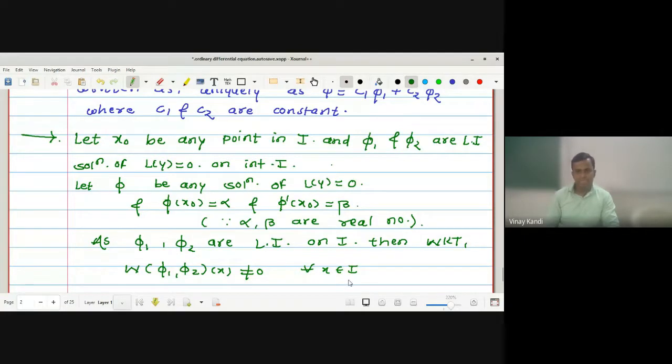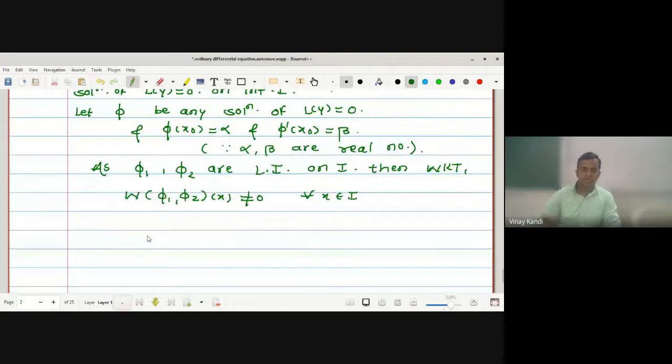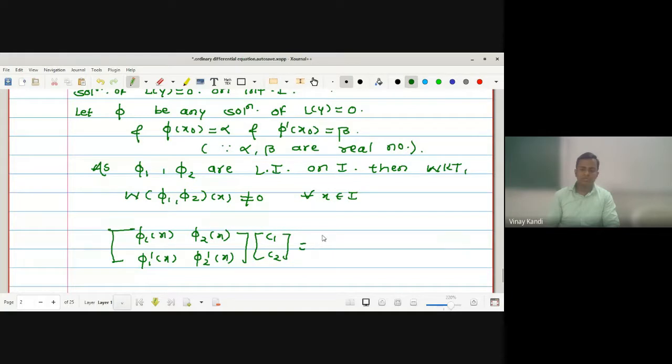Because phi1 and phi2 are linearly independent on I. What it means? The system, which system? This one. Phi1 of x and phi2 of x, phi1 dash of x and phi2 dash of x, with column vector c1 and c2, which is equal to 0, 0.